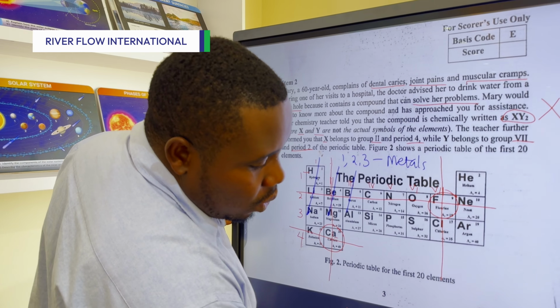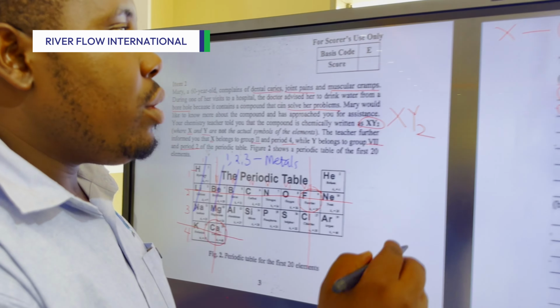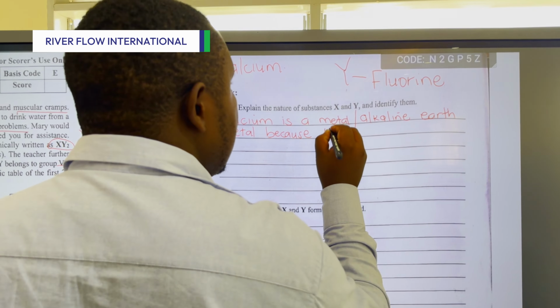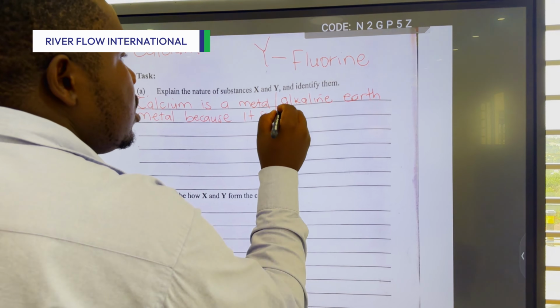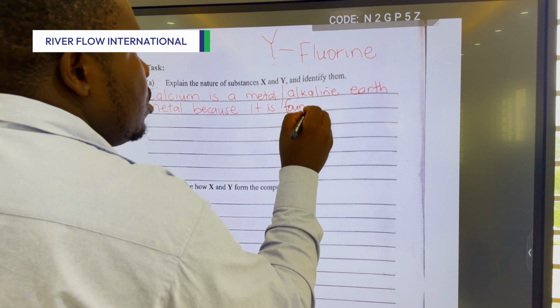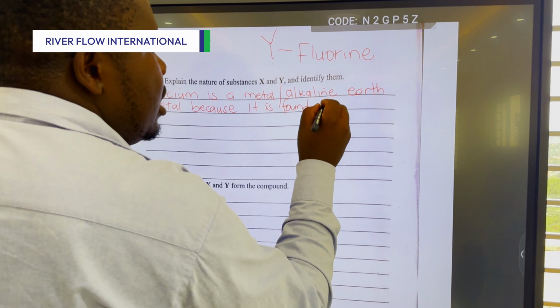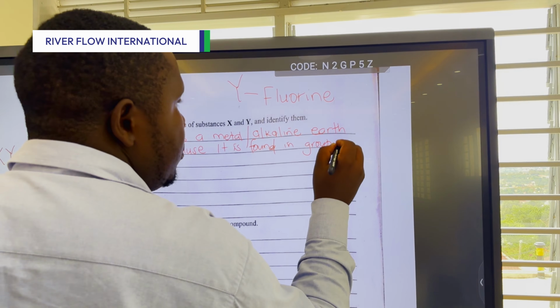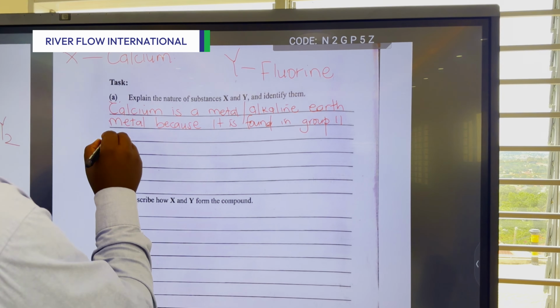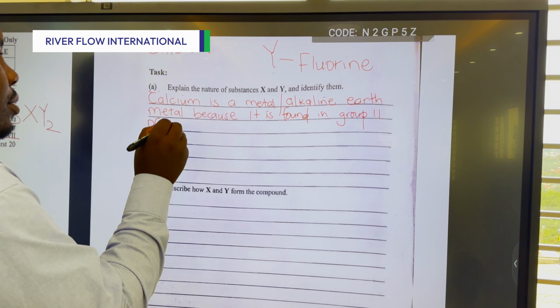So, reason number one why I'm saying it is a metal, is because it is found or located in group 2 of the periodic table.